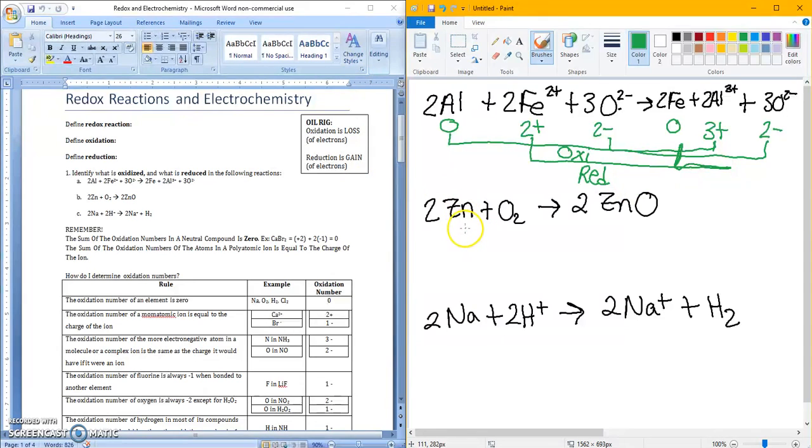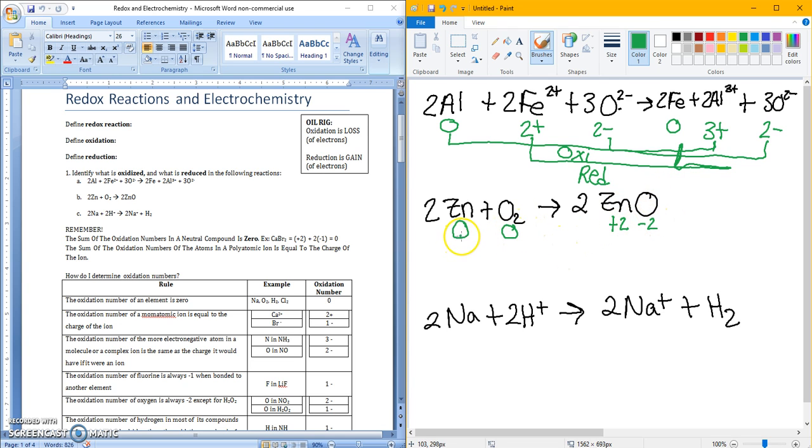Zinc in its normal state has 0 charge. It's just a normal atom. Oxygen is diatomic and therefore has no charge. It's just a molecule. But this zinc oxide is an ionic compound. And I know from the periodic table that oxygen has a -2 charge, and zinc has a +2 charge, because if oxygen has a -2, zinc has to be a +2 so that they equal 0.